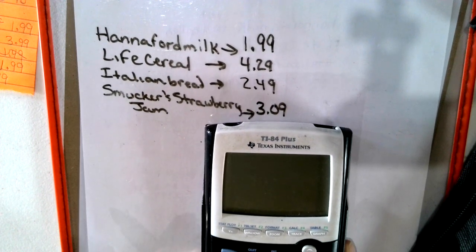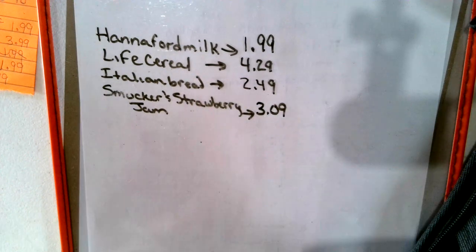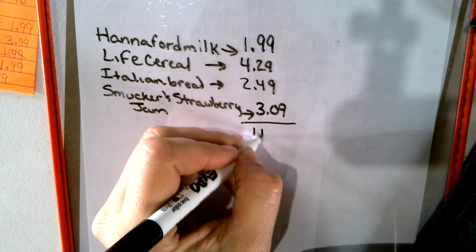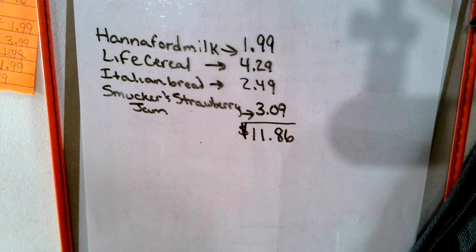So we're going to take the $1.99 and add it to the $4.29 and the $2.49 and the $3.09, and press enter. That gives us $11.86.